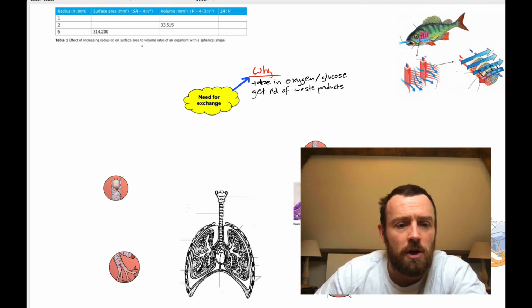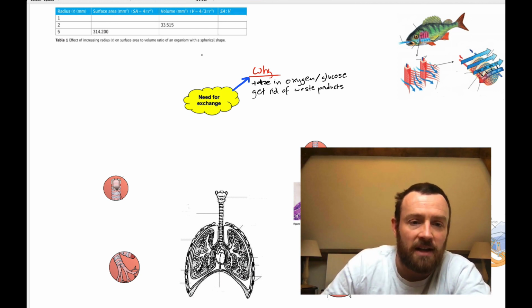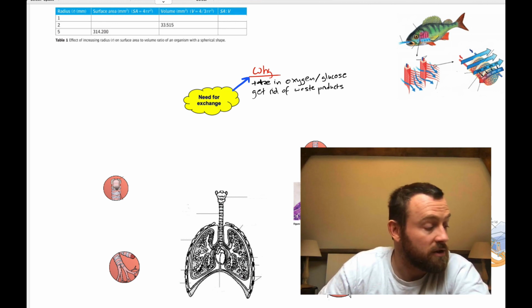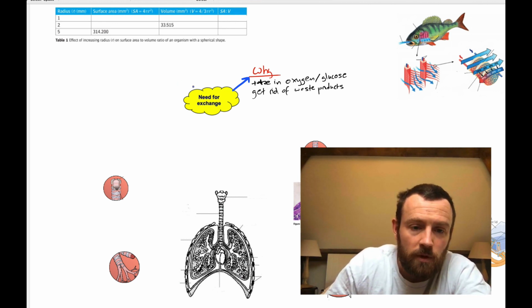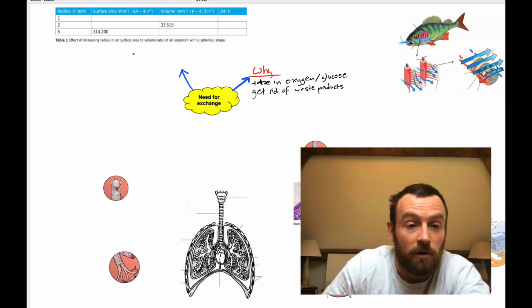Okay, so the major factors that affect the need for exchange surfaces are three things. Up here, we're going to talk about surface area to volume ratio, which is really, really important.